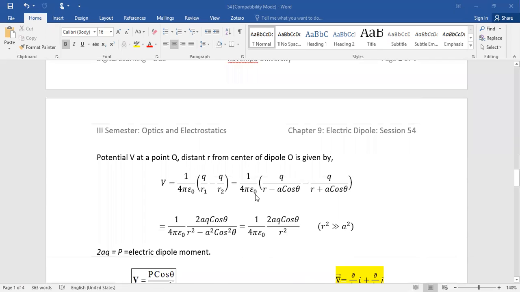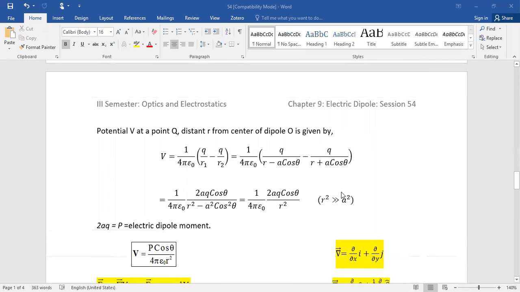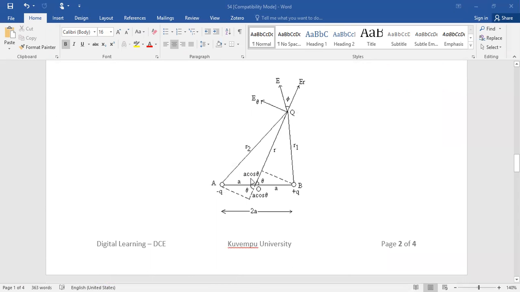In the potential expression, replace R1 and R2 by R minus a cos theta and R plus a cos theta. After simplification, you get this expression. Here, we are making an approximation. R is the distance from the center of the dipole to the external point.